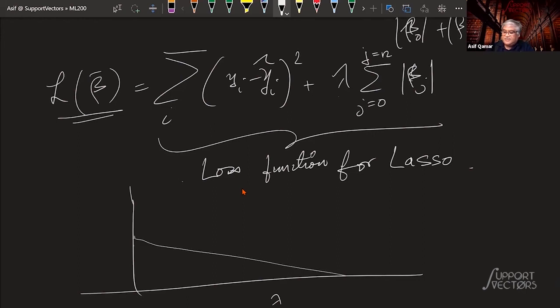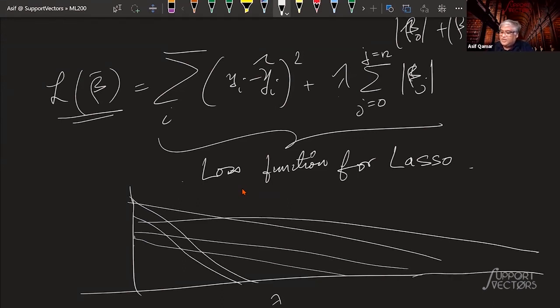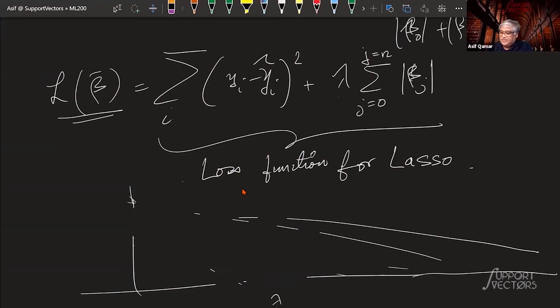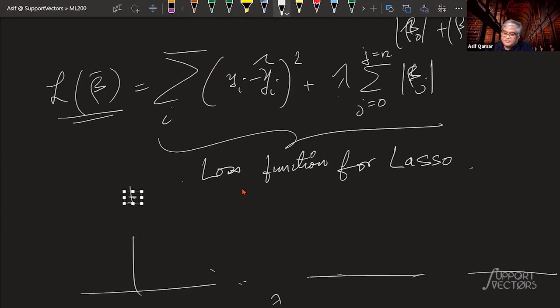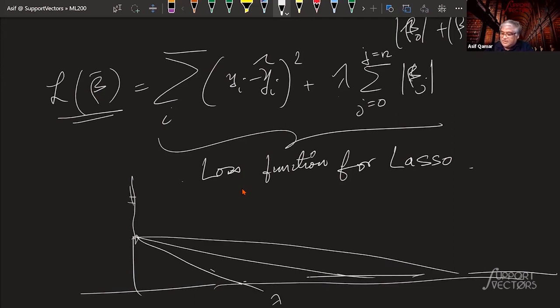Let's say they all start at some normalized value, and some will fall to 0, a lot of them will fall here, some will go here.